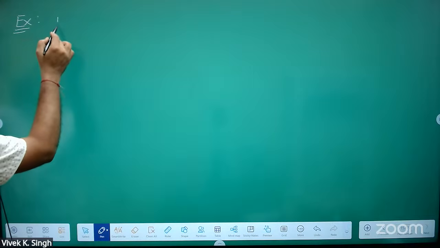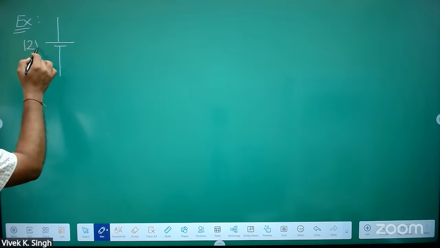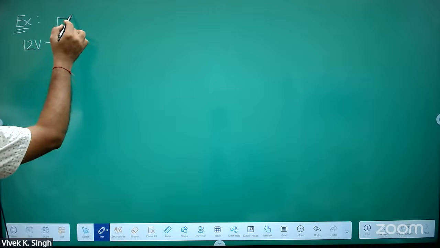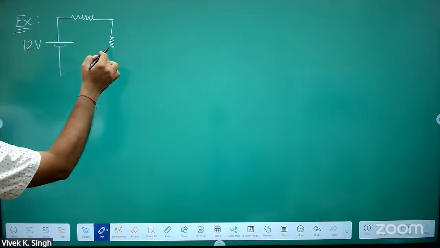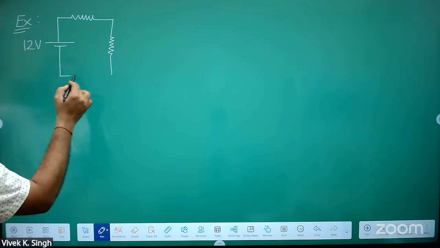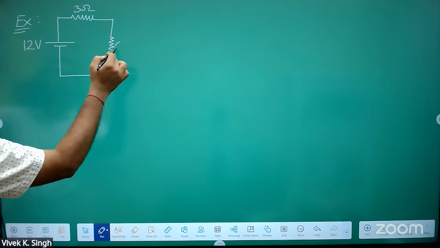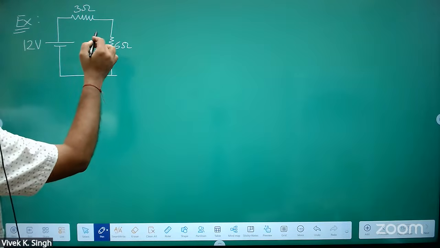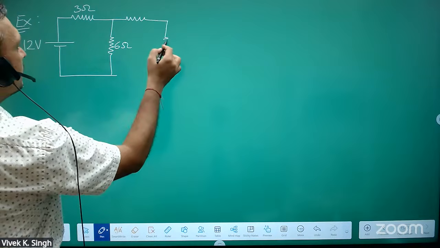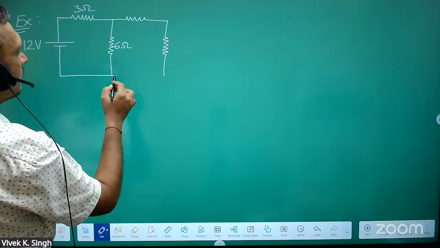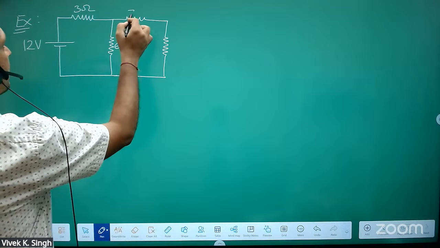Let's say this is 12 volt and this is 3 ohm. This is 3 ohm. This is 6 ohms. Then you have 7 ohm and this is 7 ohm.